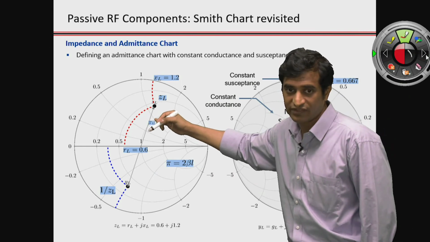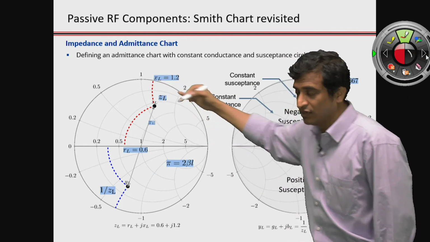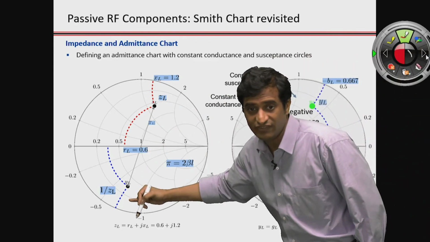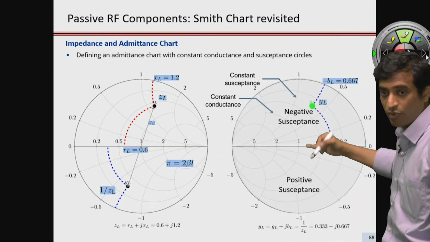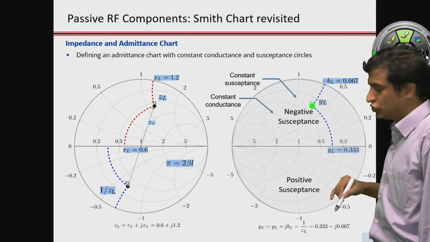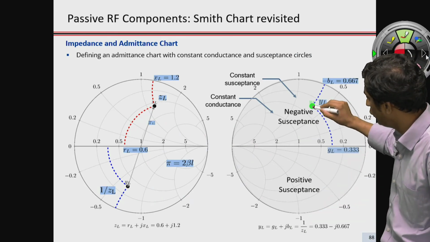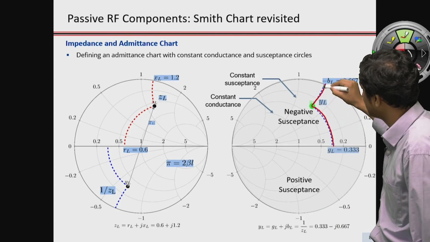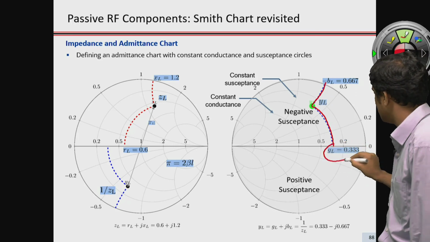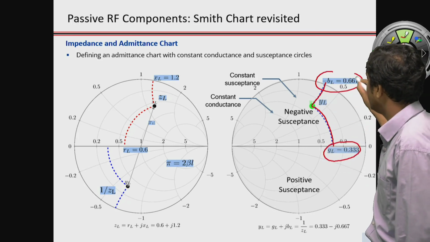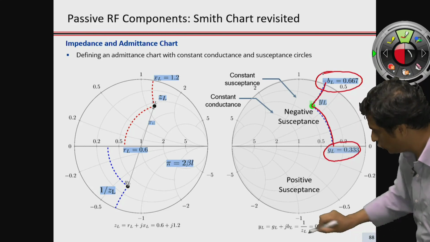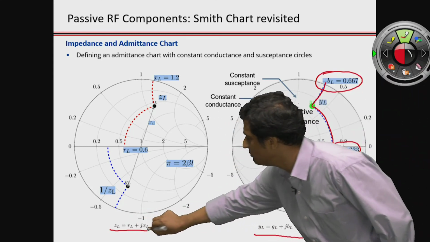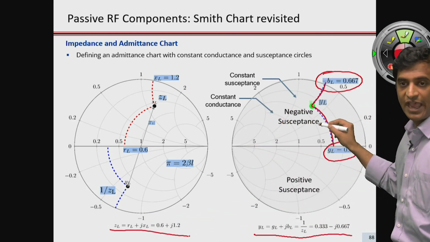Remember, an inductor has positive reactance and hence negative susceptance. A capacitor has negative reactance and hence positive susceptance. Thus, by going through a constant conductance curve and a constant susceptance curve, we can read the conductance and the negative of the susceptance to obtain a particular admittance for a given impedance from the admittance chart.